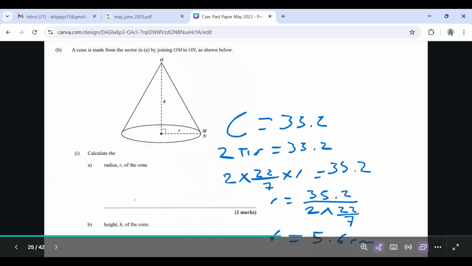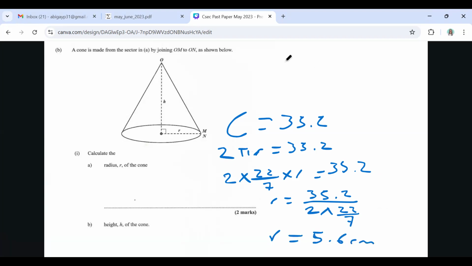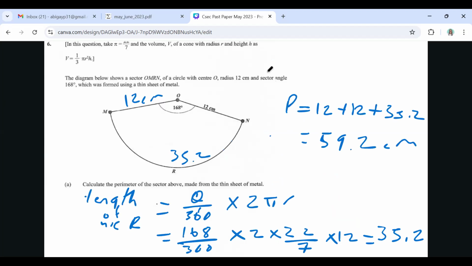I'm not getting another page here, so I will put the height right here then. So we're going to find the height. We know what r is, which is 5.6. So it looks like a triangle, and we know that MO is 12.